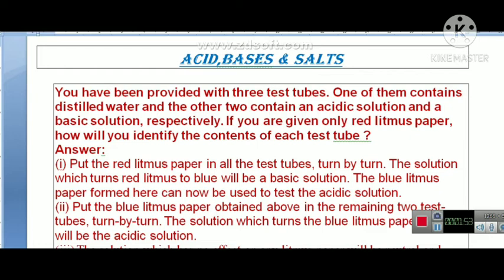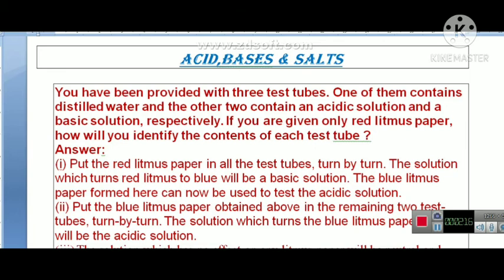You have been provided with 3 test tubes. One of them contains distilled water, the other 2 contain acidic solution and basic solution respectively. If you are given only red litmus paper, how will you identify the contents of each test tube?